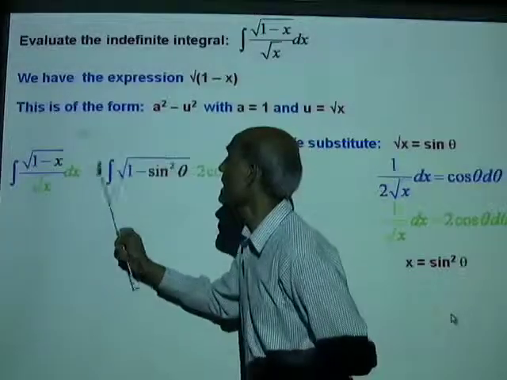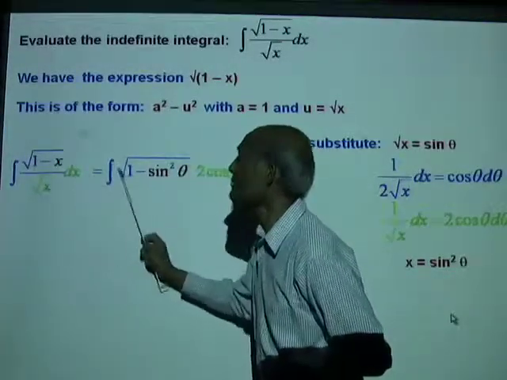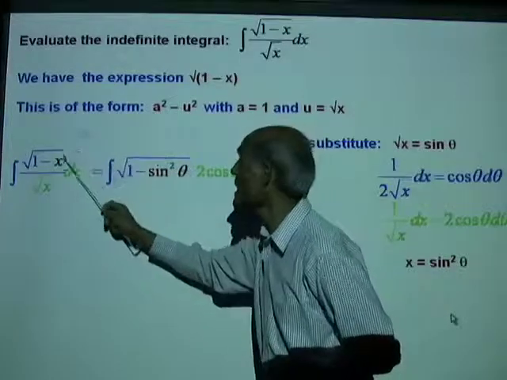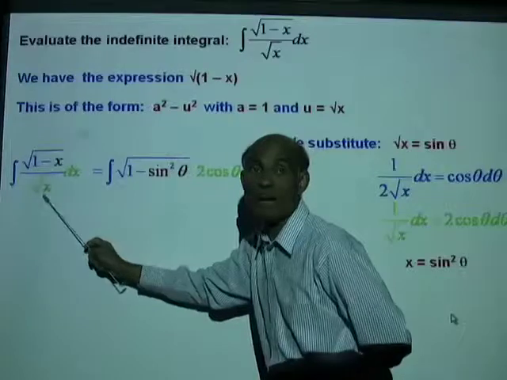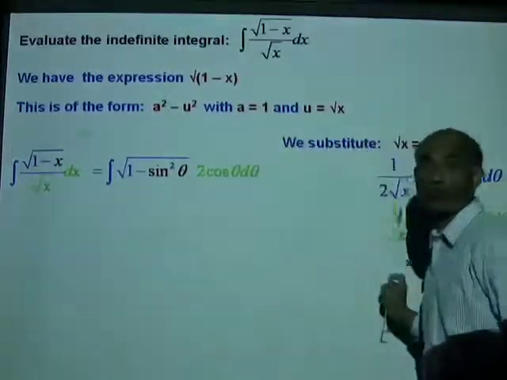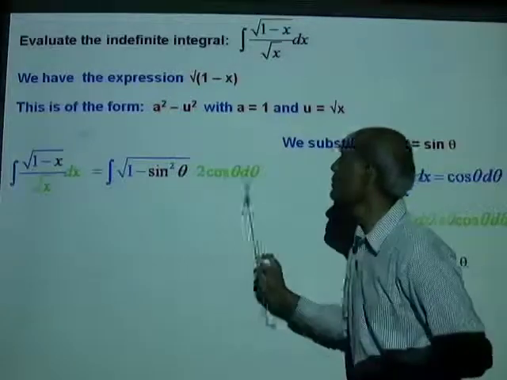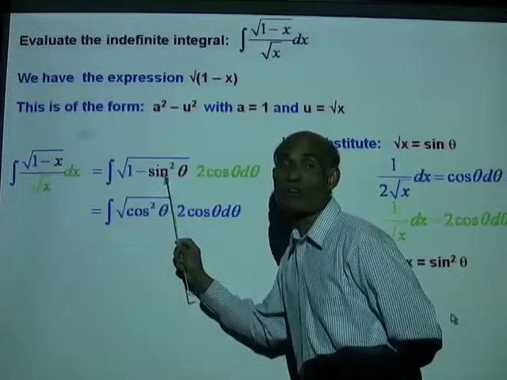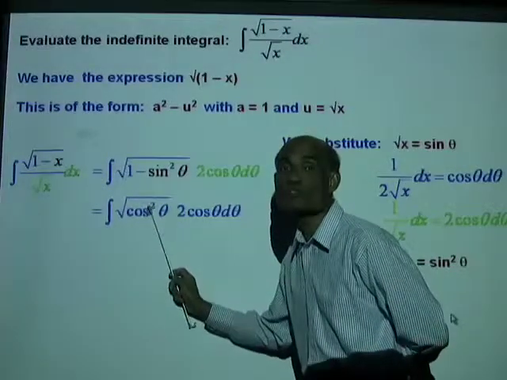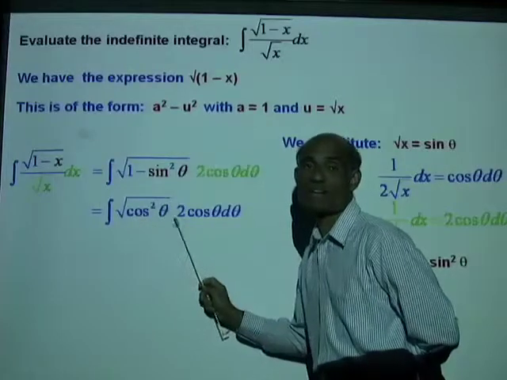In this integral, square root 1 minus x becomes square root 1 minus sine squared theta, and dx divided by square root of x is 2 cos theta d theta. And 1 minus sine squared theta is cos squared theta. So that becomes square root cos squared theta.